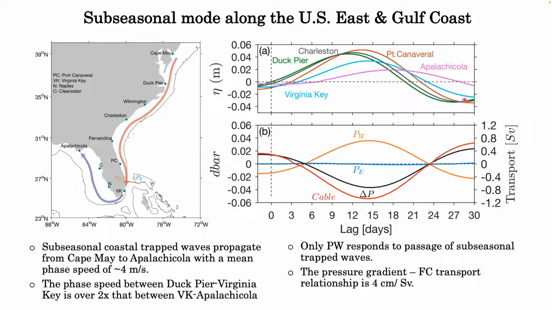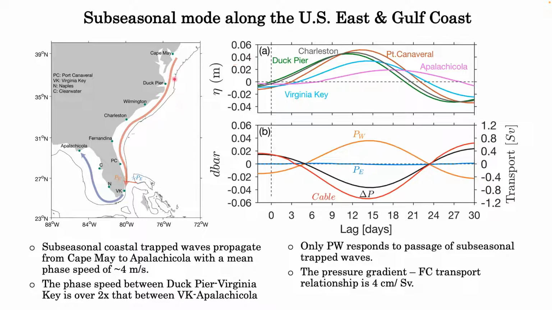To further showcase the evolution and propagation of the wave along the US East and Gulf Coast, we regress the sea level anomalies along the coast and the bottom pressure sensor records and the FC transport in Florida Straits against the leading principal component from the EOF analysis.